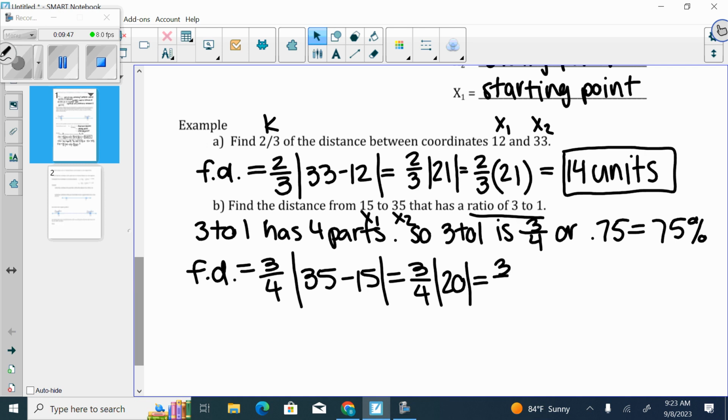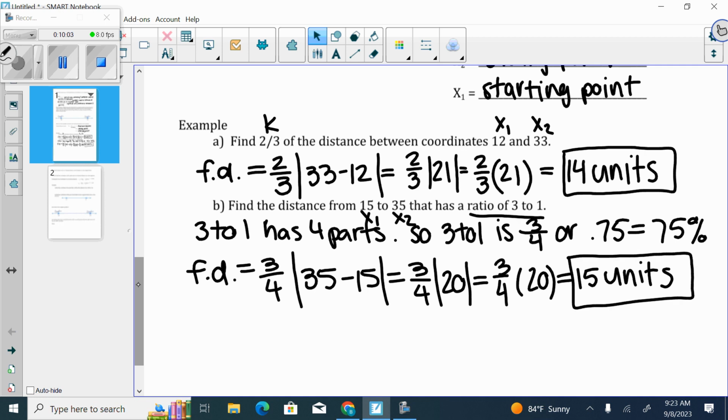So I would just need to multiply 3/4 times 20, which would give us 15. So if we only go 75% of the way, or 3/4 of the way between those 2 points, we would travel a distance of 15 units.